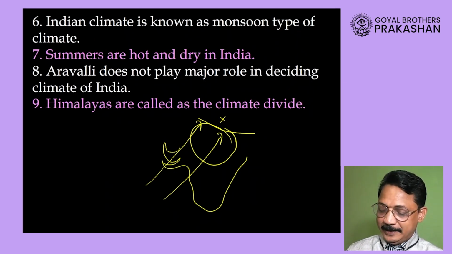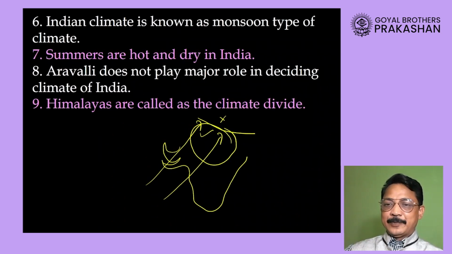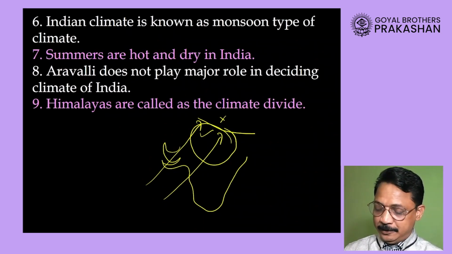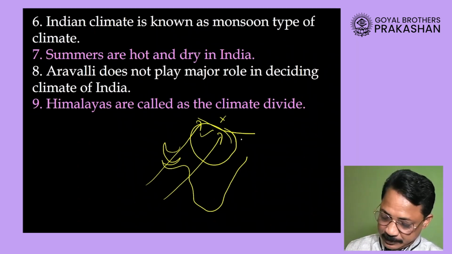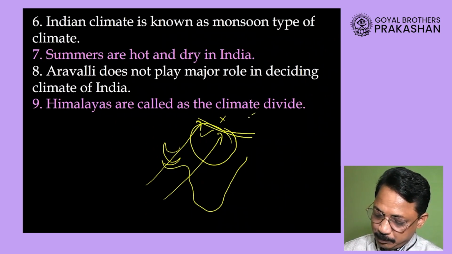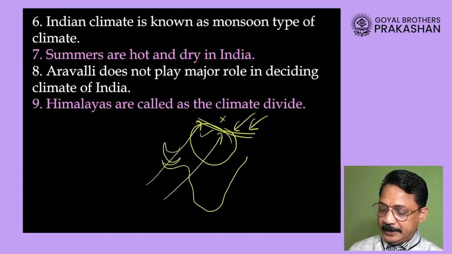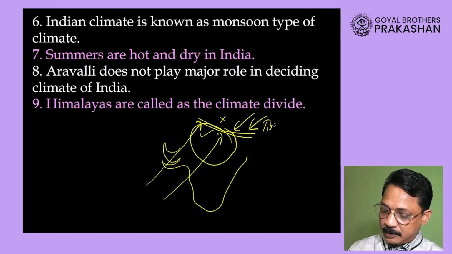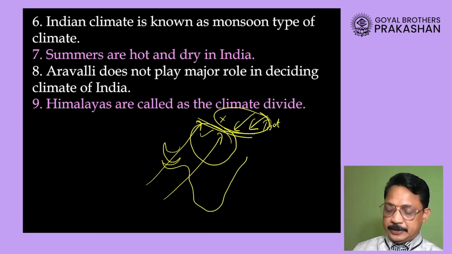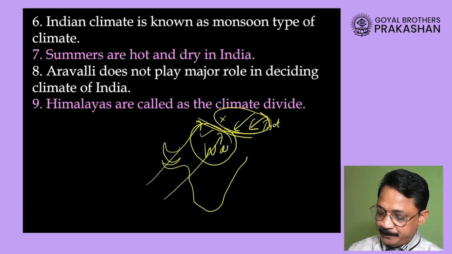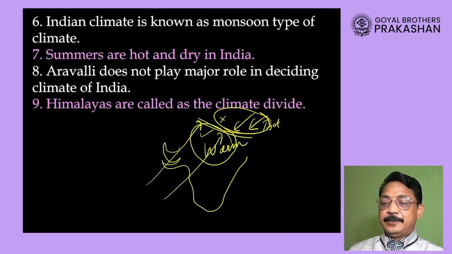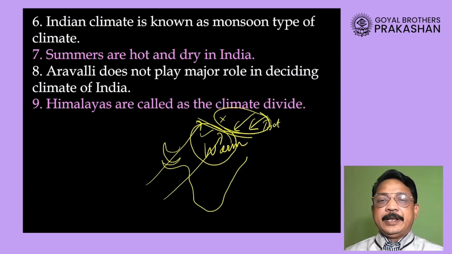So there is torrential rain on the windward side and very scanty rain on the leeward side of the Himalaya. That is first. Second important thing, the Himalayas are also blocking the cold and chilly winds from entering India from Tibet, or you can also use the word China. So China will experience very cold climatic conditions, but India will experience warm climatic conditions. Therefore, we can write down here, they act as a climate divide.